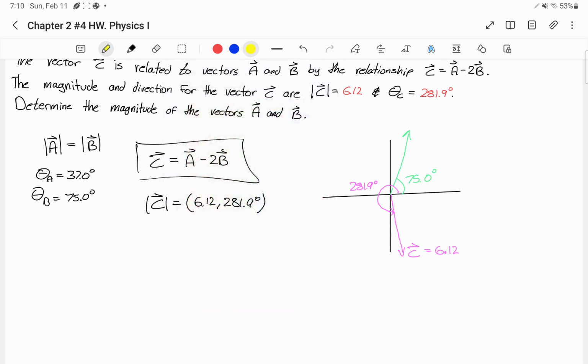Now we're going to use yellow to draw our A vector. Again, we don't know the magnitude, but we know the direction is 37 degrees, and we know that this line right here is 45. So a little less than that would be about right there, and we can call this angle 37.0 degrees for vector A. And this one is vector B.